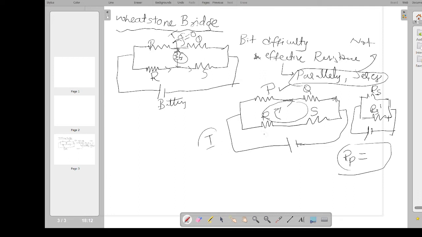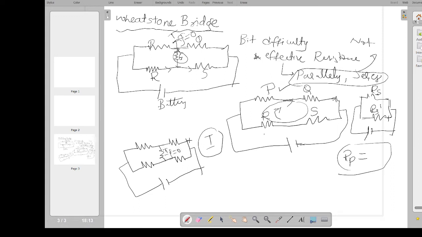Now the question comes, how to make the current flowing through this galvanometer 0. This is the main idea behind this Wheatstone bridge. To make this, let us take an example here. I want Ig equal to 0 at this point.